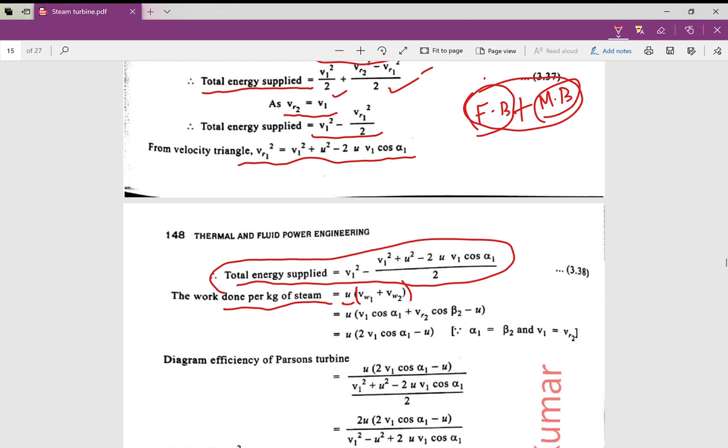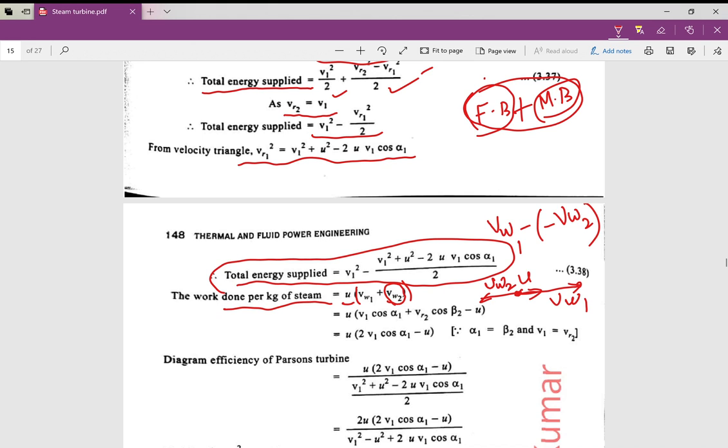Here again, like impulse turbine, this Vw2 is in opposite direction of V1, henceforth minus minus plus comes like V1 minus then minus Vw2, because in velocity triangle this is U, and in the same direction from here to here it is written Vw1, and in the opposite direction from tail of U it is written Vw2 like this.